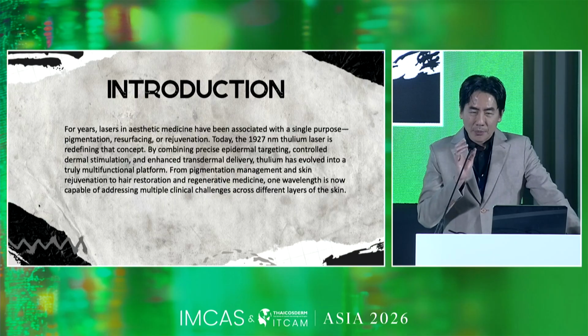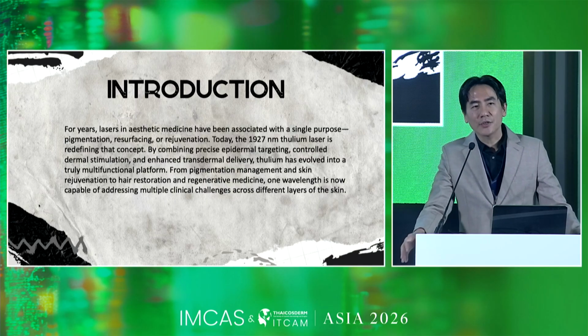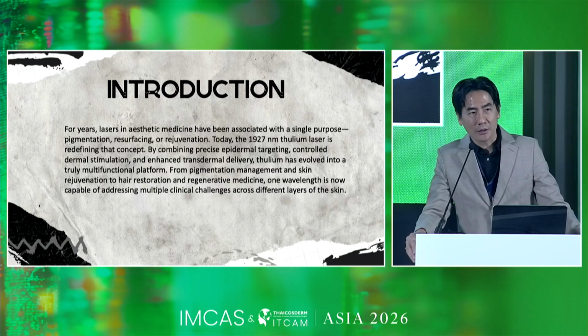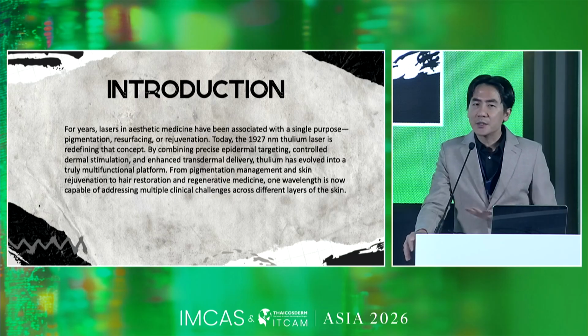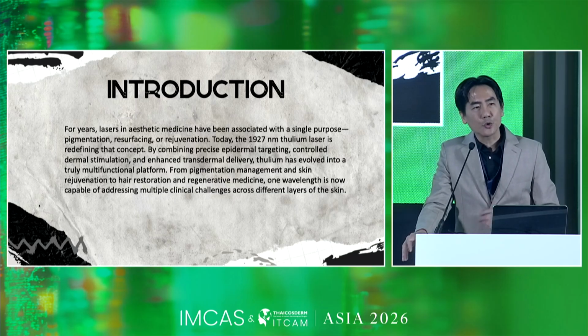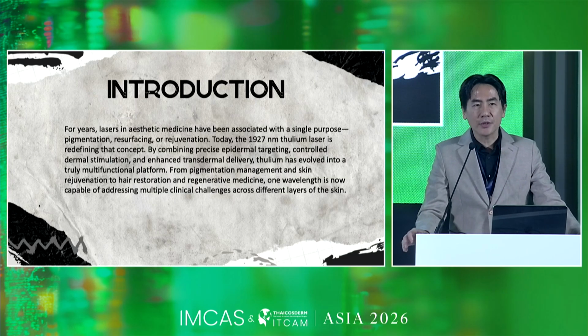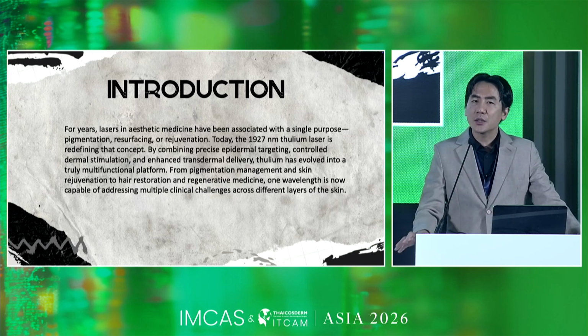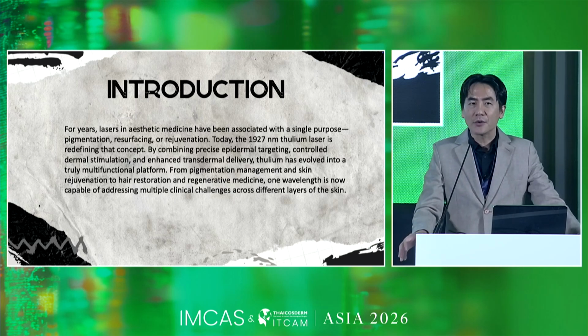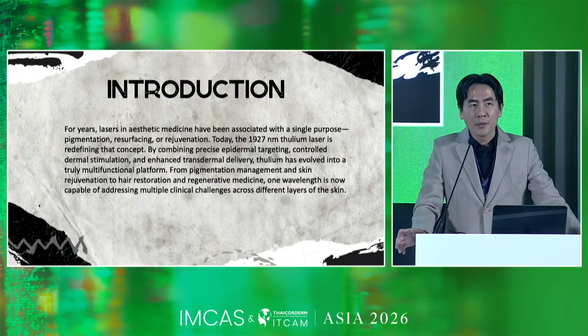So basically, there are 2 kinds of devices lately available in the market. One is very specific devices that treat pigmentation, or resurfacing, or hair removal. Or the second one is multifunctional devices, of which the thulium laser 1927 is one.